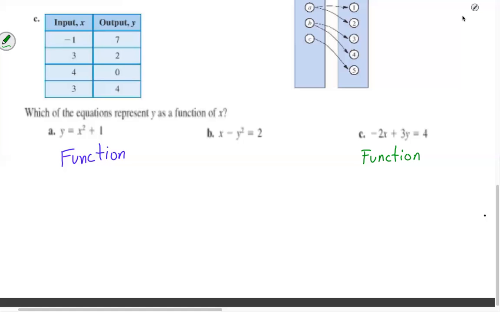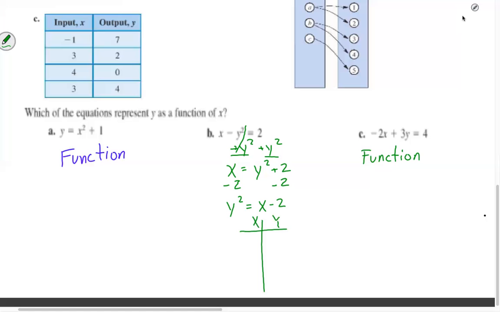Let me rearrange B into a nicer format. So I'm just going to get y by itself. I'm going to add y squared to both sides. And that's going to give me x equals y squared plus 2. Still with me? Yeah. Subtract 2. So that's going to give me y squared equals x minus 2. And here's what's going on, Abby. Let me make a table. I have an x and y table, right?